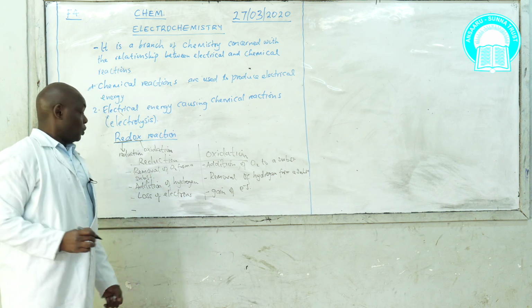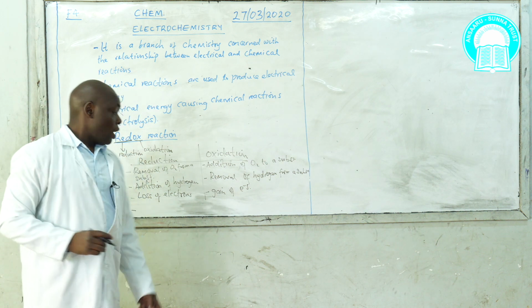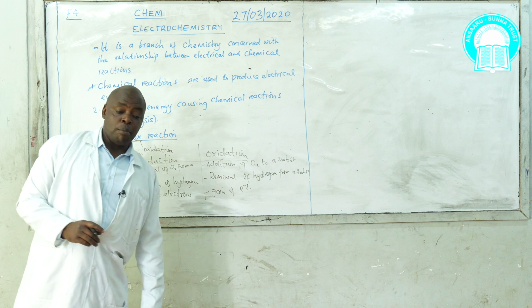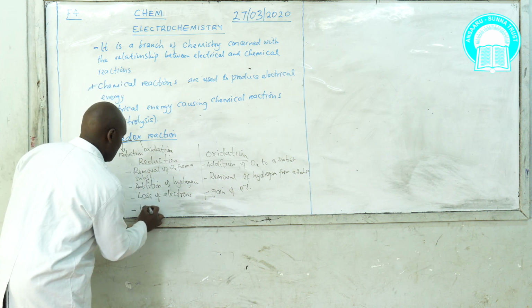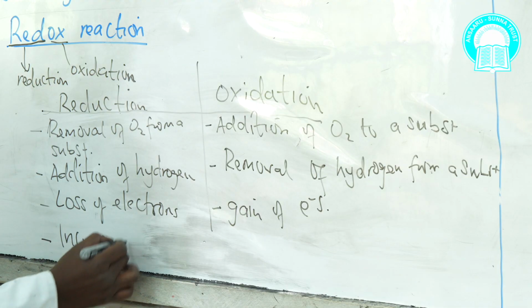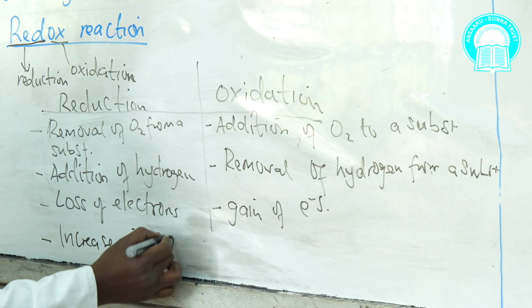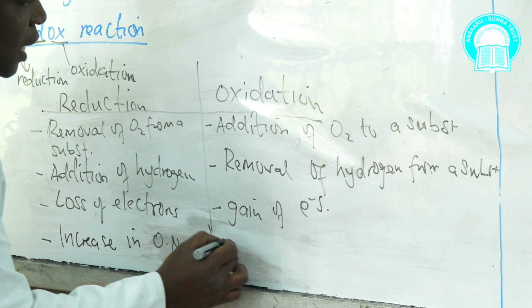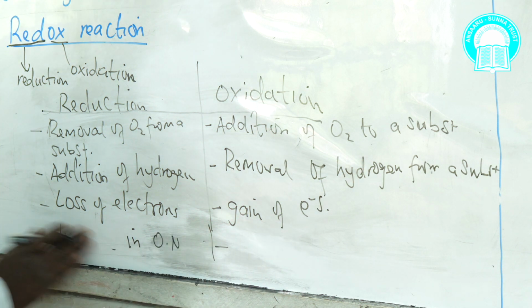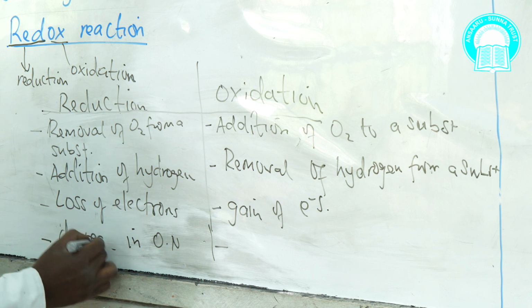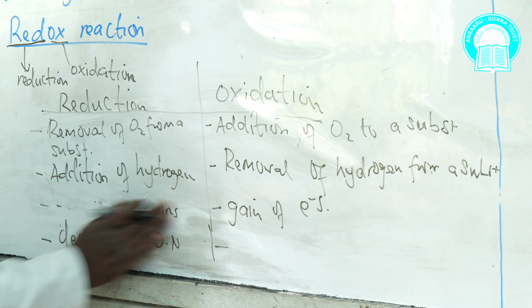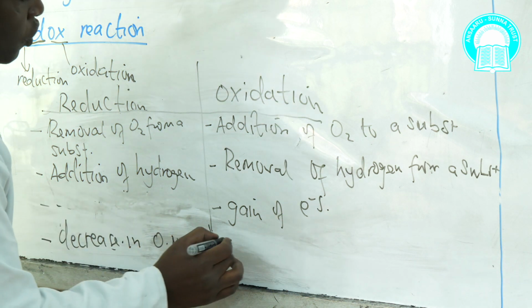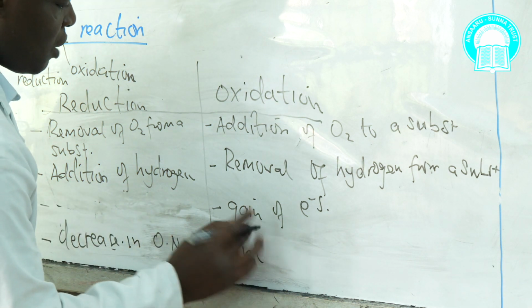The other definition and last one, which will stand as a building block for this topic, is oxidation is the increase in oxidation number, and reduction is the decrease in oxidation number.